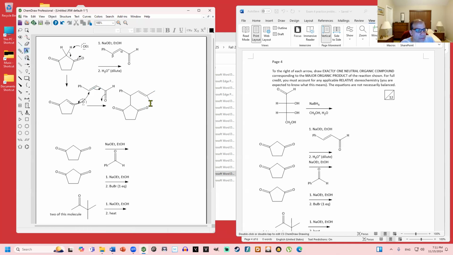Kind of have to go like this. And so you get that enolate until you add the dilute aqueous acid. That enolate then gets protonated at carbon by a hydronium ion.